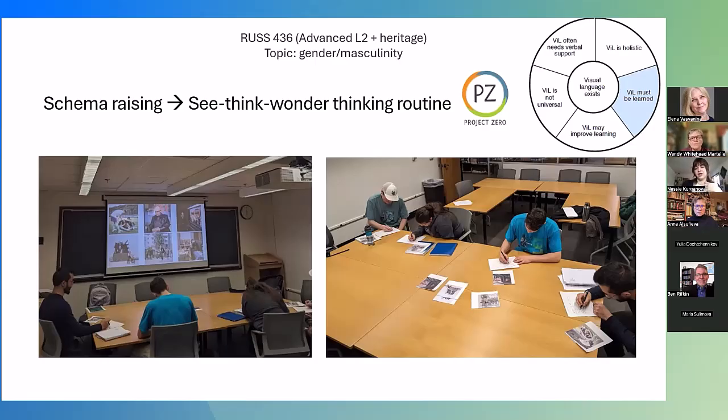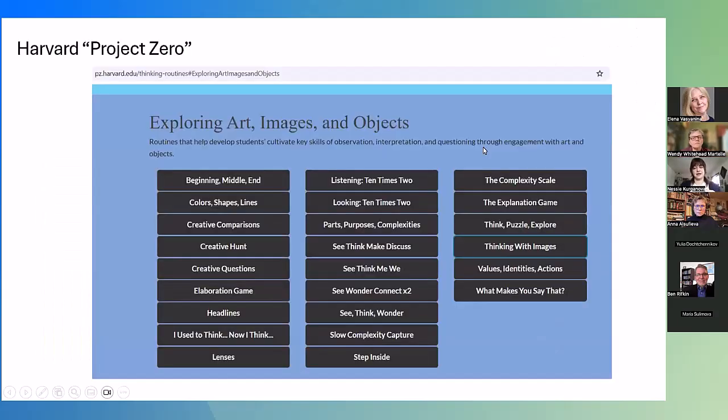I took that from Project Zero. This is a Harvard project. They have a lot of fantastic activity designs for encouraging deeper, higher levels of thinking that I recommend to all educators in language or beyond.